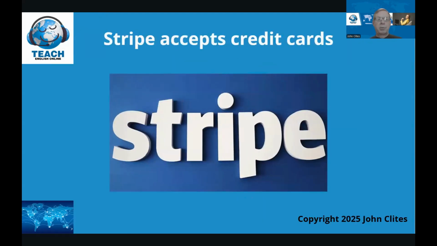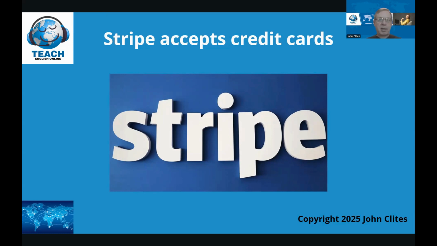Now, a sister company to PayPal is Stripe, and I'm not sure whether PayPal owns Stripe or whether Stripe and PayPal are both owned by the same parent company, but they're under the same umbrella. Stripe is nice because it accepts credit cards. It used to be that if you wanted to accept payments by credit card, you had to open a merchant account with the bank, which involved jumping through a lot of hoops.